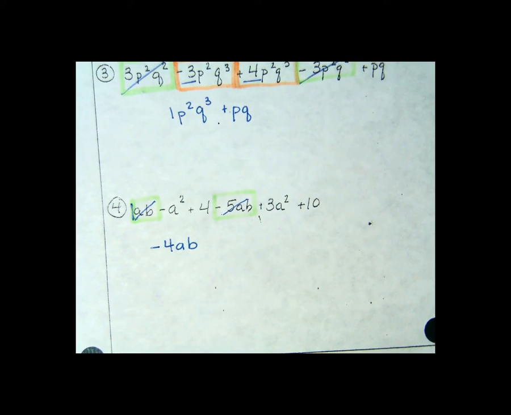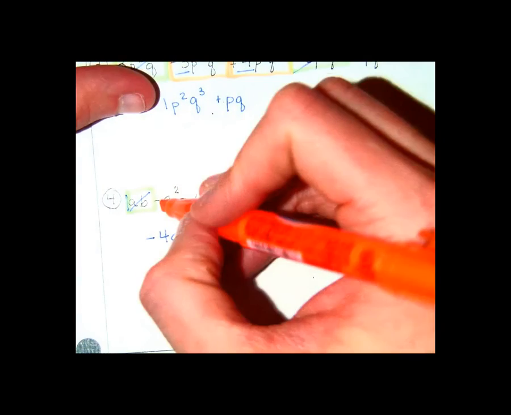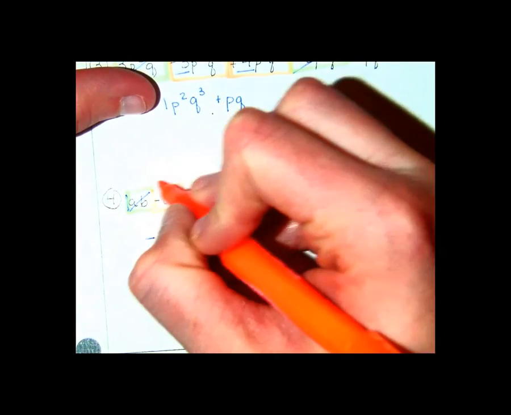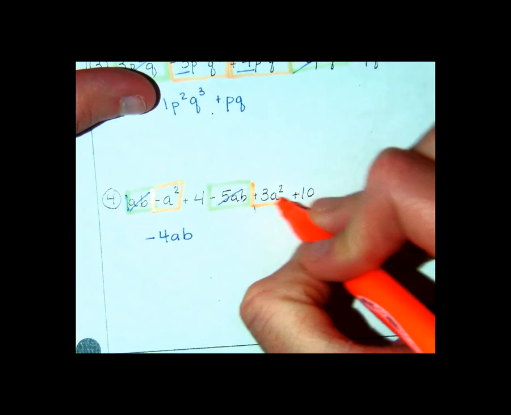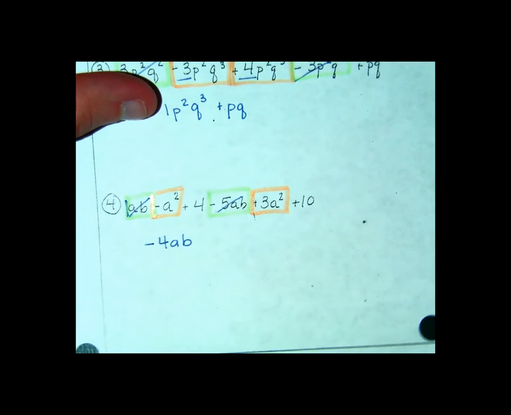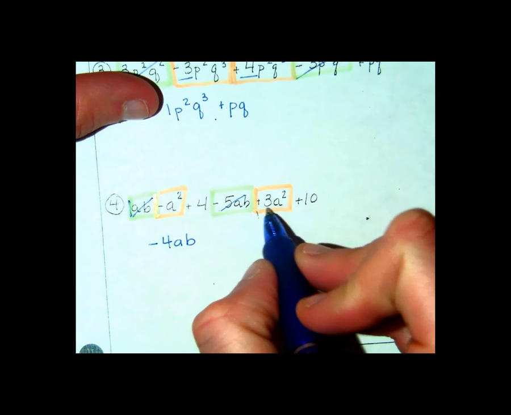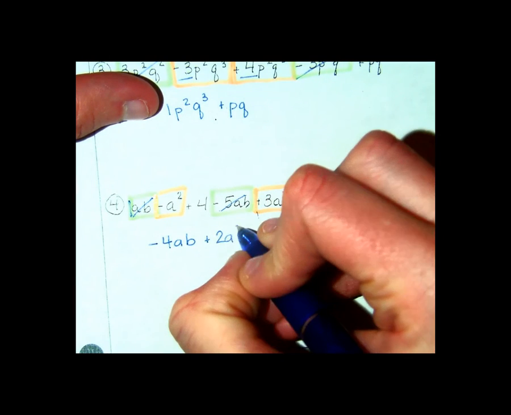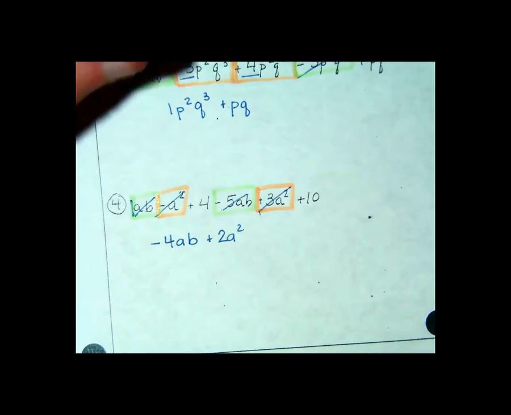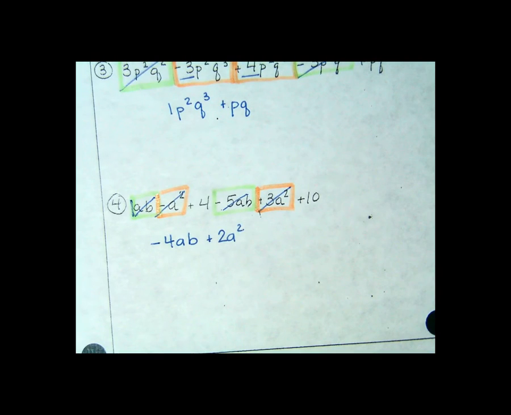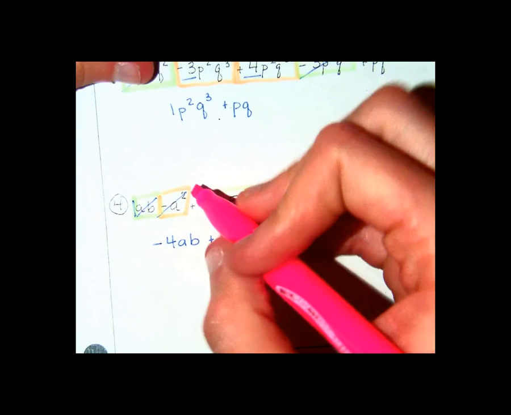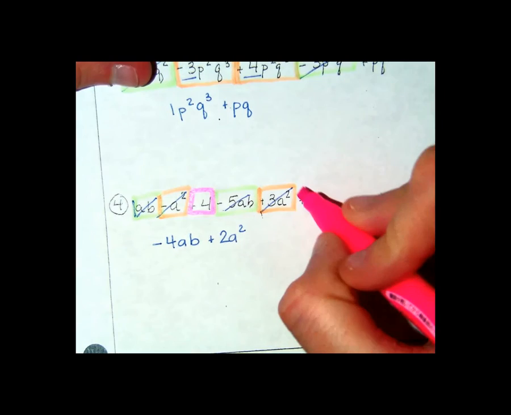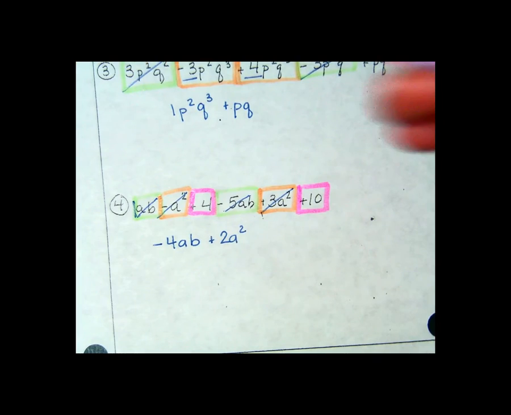Do we have anything else in common? Negative a to the second. Okay, what is negative 1a to the second plus 3a to the second? Okay. Do we have any other like terms? 4 and 10. What is 4 plus 10?